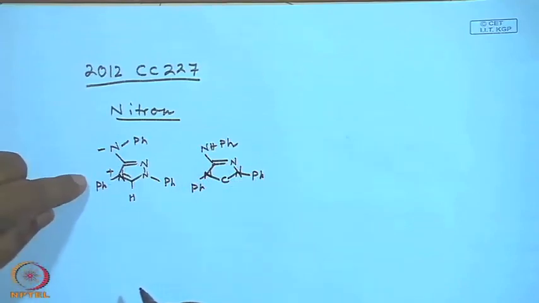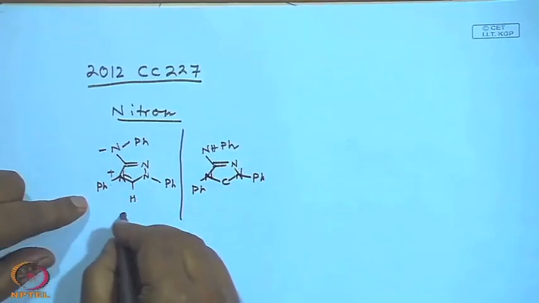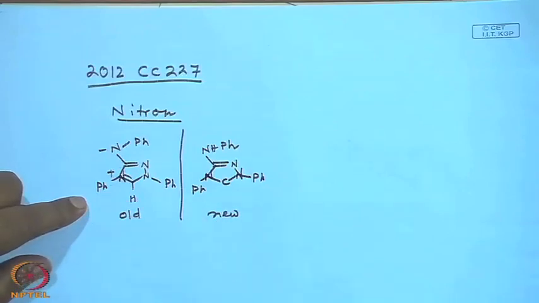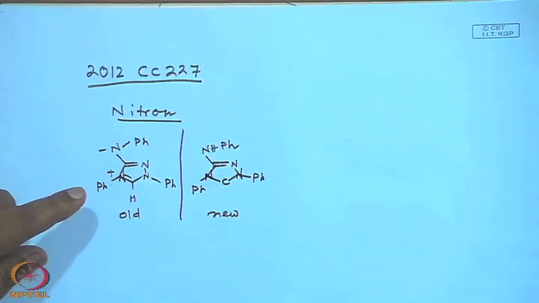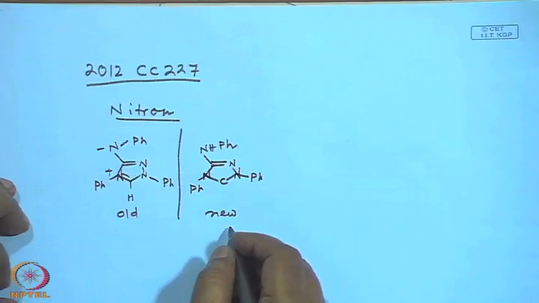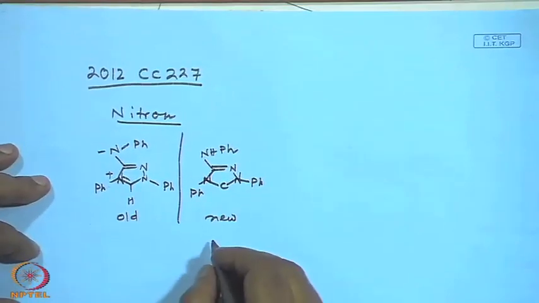So on your left, what do you see? This was the old structure, and this is the new one. The old one is proposed to be a sydnone structure or mesoionic compound, with charge lying outside, there is no proper resonating structure. Okay. And in this case also, the right hand side, this is the new one, this is not a resonating structure. And why is it, what is it? By now all of us know, right.